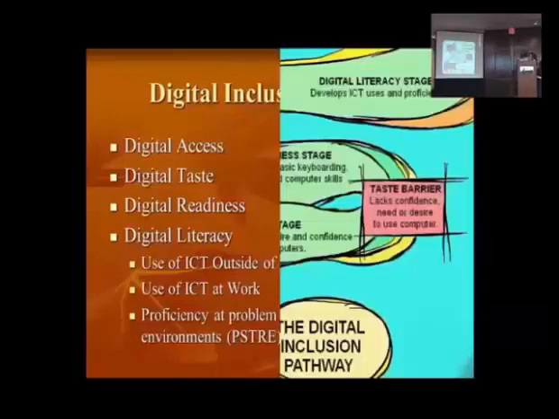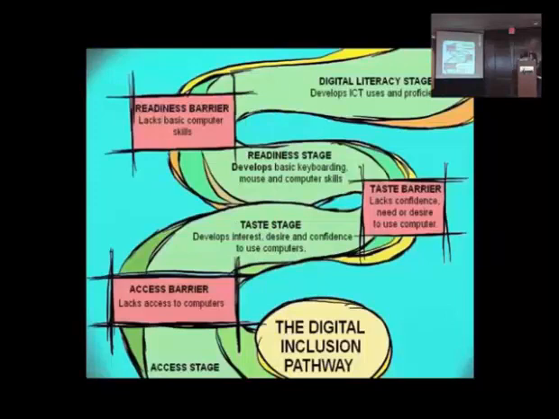Okay. So instead of that diagram, we have the road to digital literacy. I'm trying to think of this little yellow brick road. Here's the access stage. The barrier is you don't have access to computers. You're stuck here. If you do, you get to the taste stage where you develop interest, desire, and confidence to use computers. You have a taste barrier. If you don't have that confidence, need, or desire, you're stuck here.